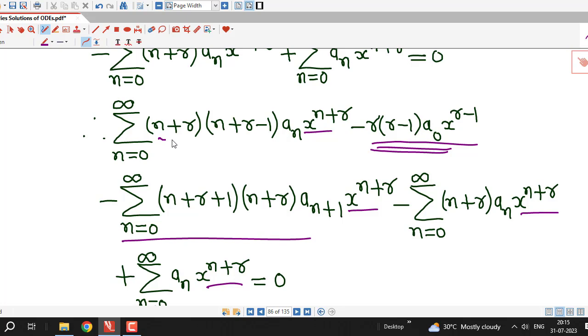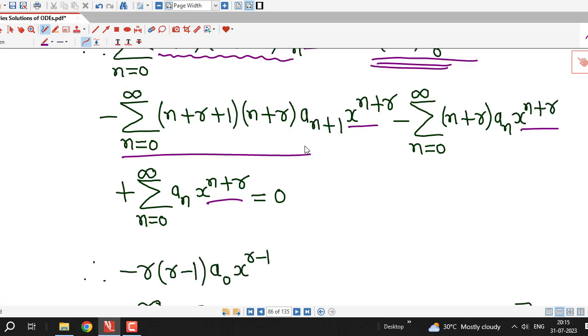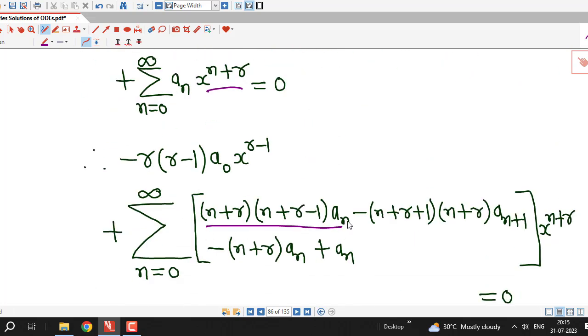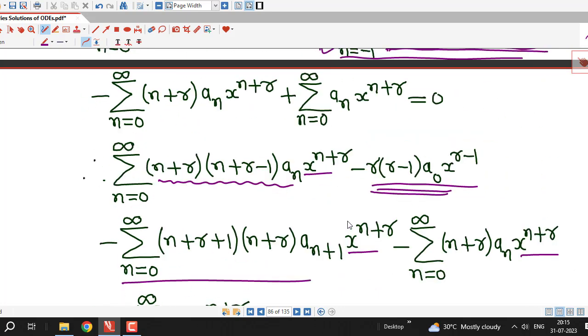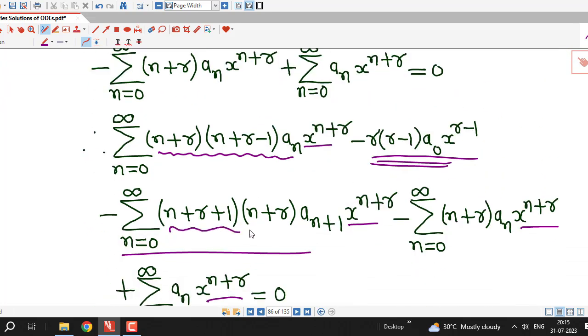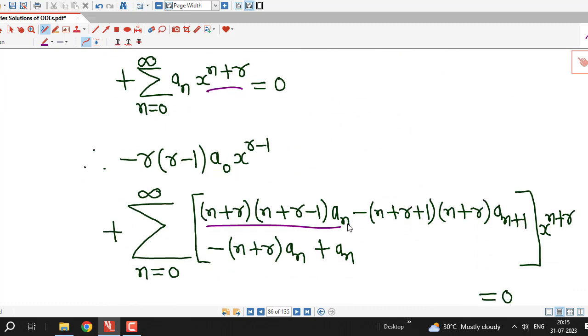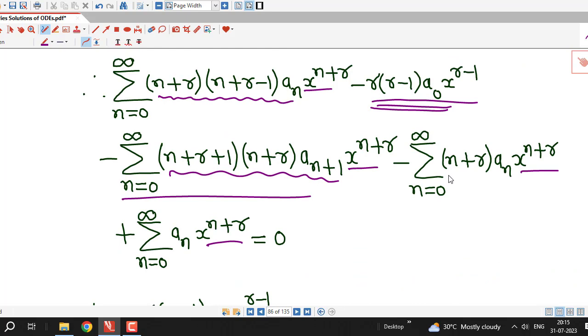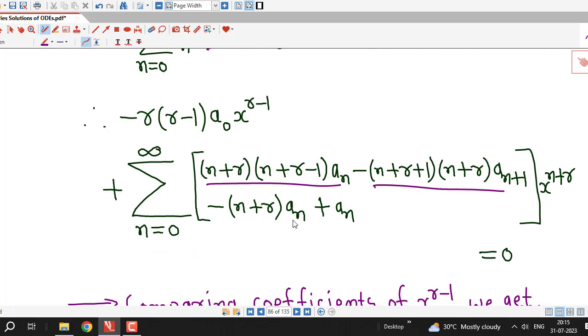You can see this is n plus r minus 1 into an, that is here, and then this quantity n plus r plus 1, n plus r, an plus 1, and after that minus n plus r an plus an, and x raised to n plus r common equal to 0.